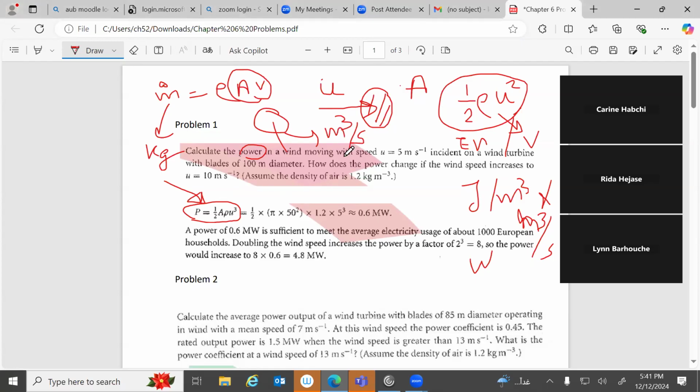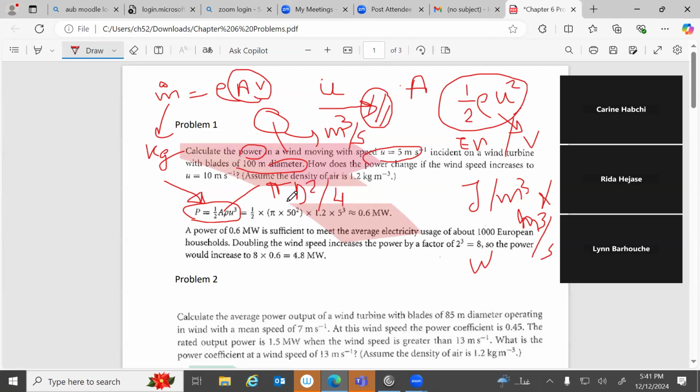Now, we have all parameters needed. We know the velocity of wind. We know the diameter. So we just have to calculate the cross-sectional area, which is pi d square over 4 or pi r square.